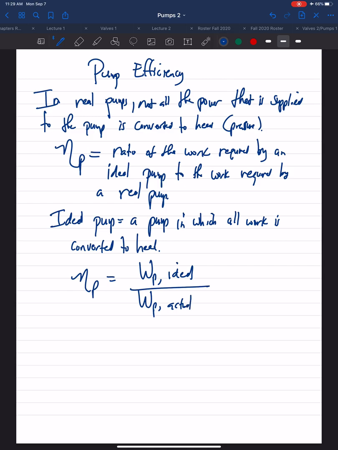So the pump efficiency is equal to the useful pump power over the input pump power.